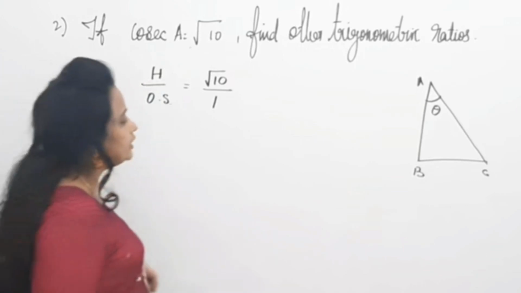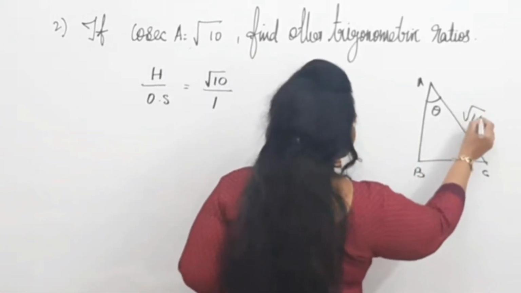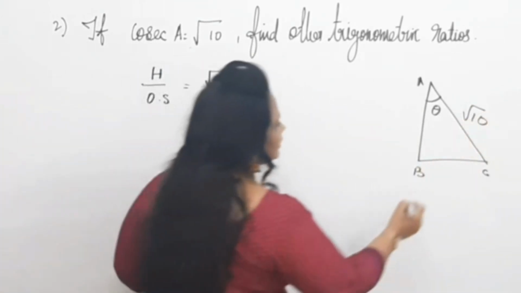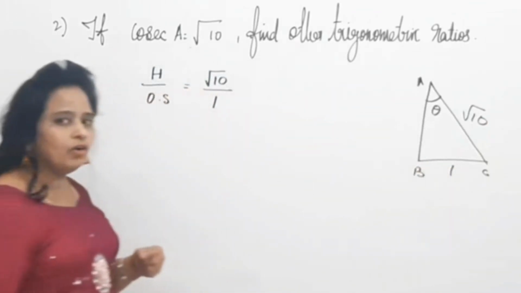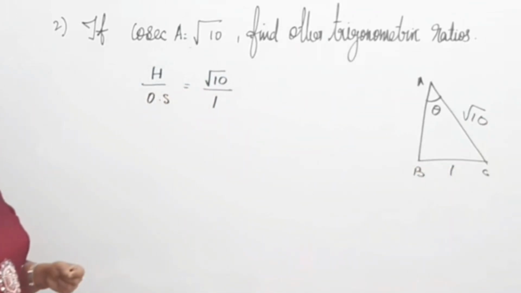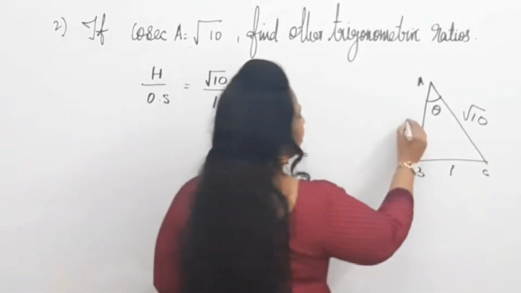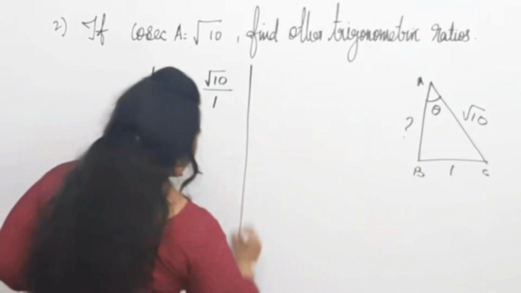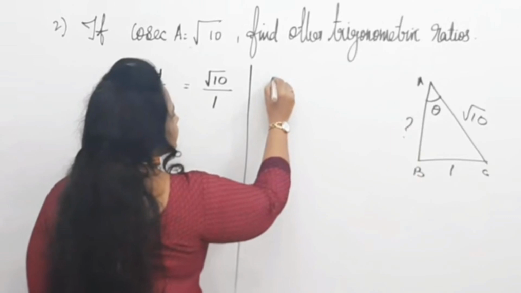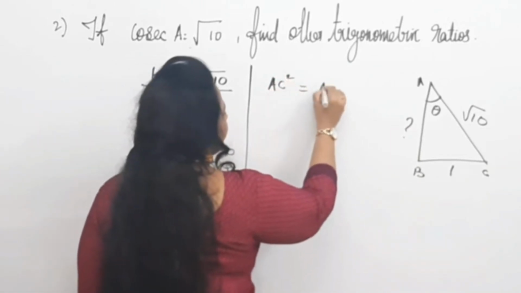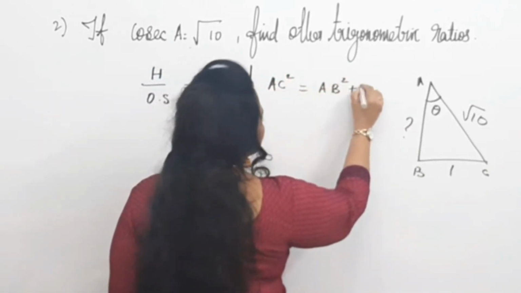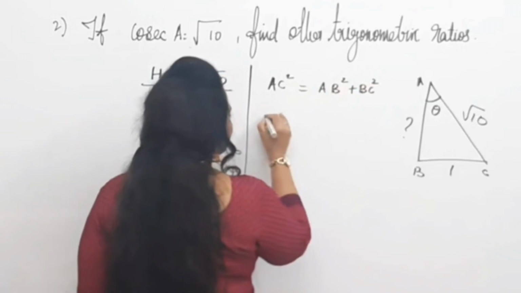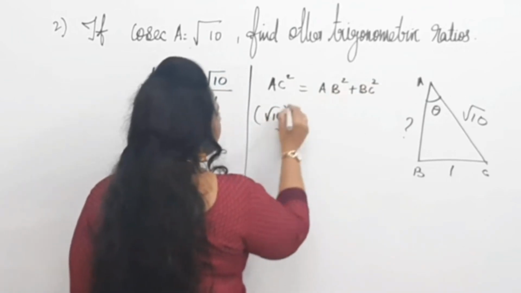What is the hypotenuse? Hypotenuse is root 10 and opposite side is 1. So I got my 1 as the opposite side. Of course, I have to get my adjacent side. Now I would go for my Pythagorean property. AC square is equal to AB square plus BC square. I have given AC square is root 10 the whole square.